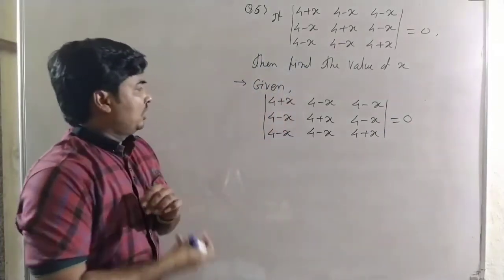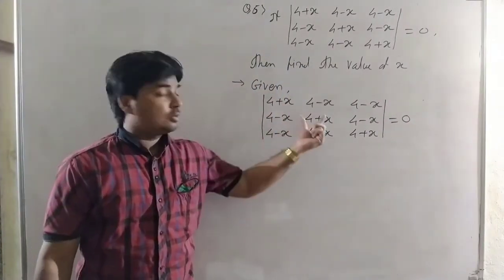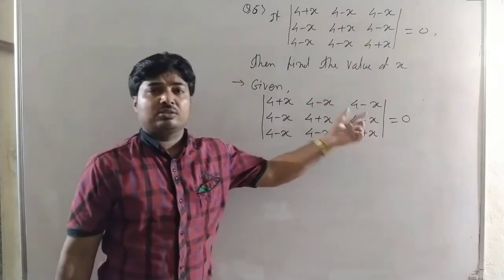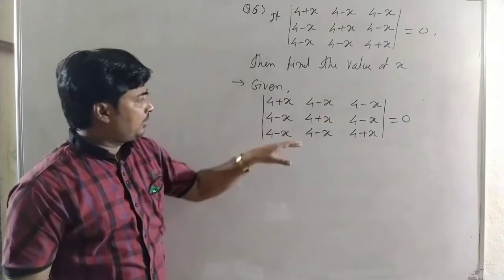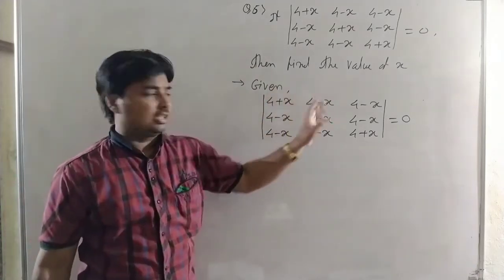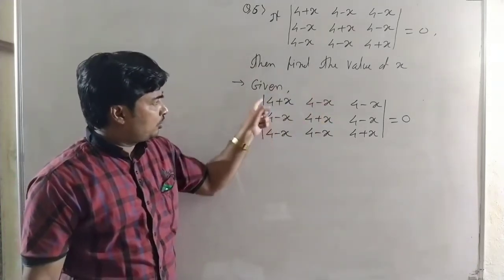Okay, now here there are two terms, that is 4 minus x or 4 plus x. To simplify, we cancel the 4 and all x. When we subtract this, 4 gets cancelled.